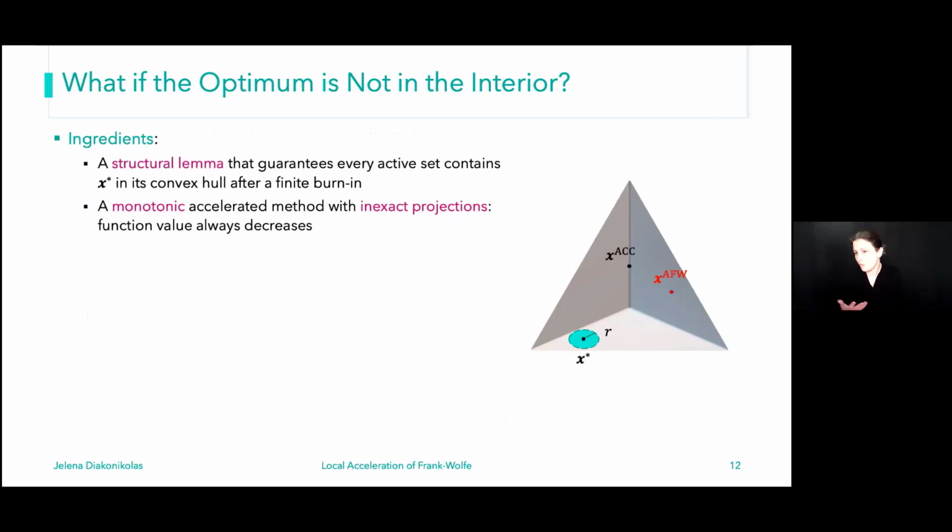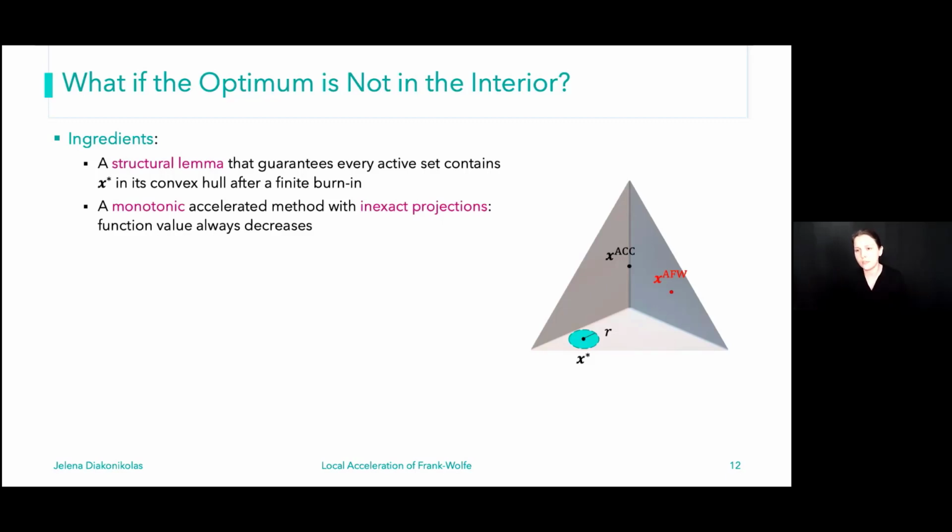And we show that actually you can do this. So we provide a structural lemma that guarantees that after a finite burn-in that depends on the geometry of the polytope, but not on the target error epsilon, you're guaranteed to have the optimal point within the convex hull of the feasible set. And there is another ingredient: we need to use a monotonic variant of the accelerated method.